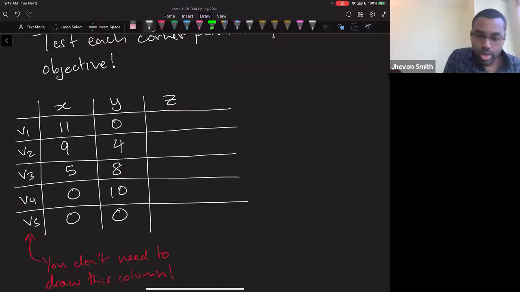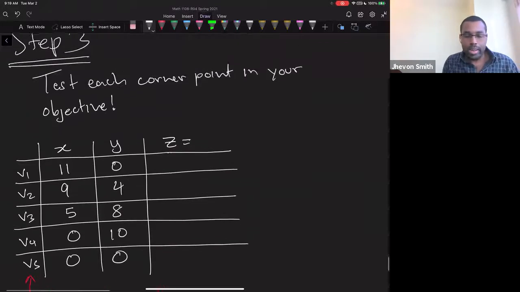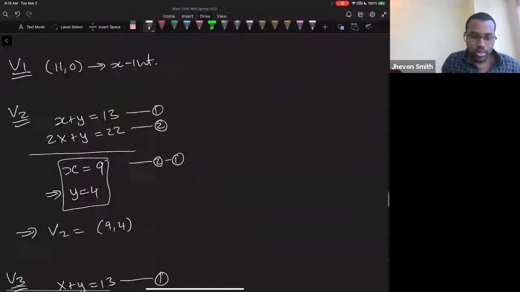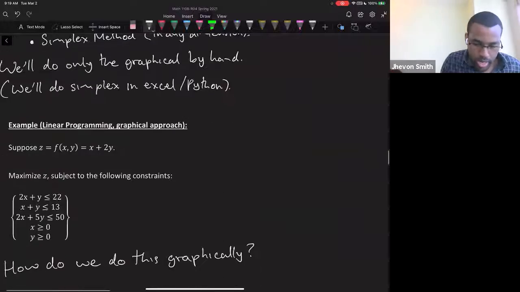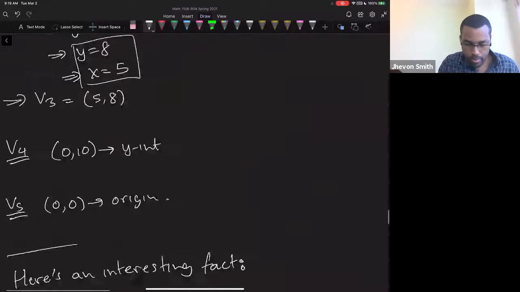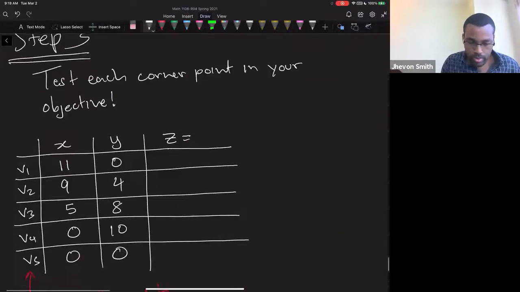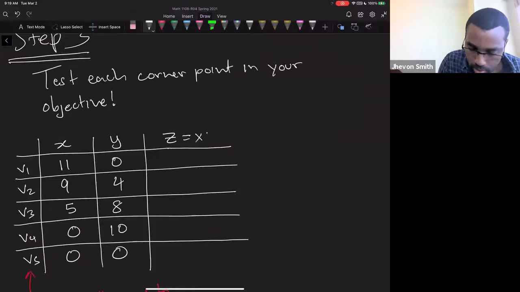And remember, the original function now is where you come back with the objective. So our objective function in the very beginning was x plus 2y. Look at the objective function again.